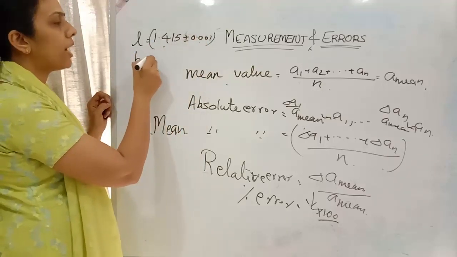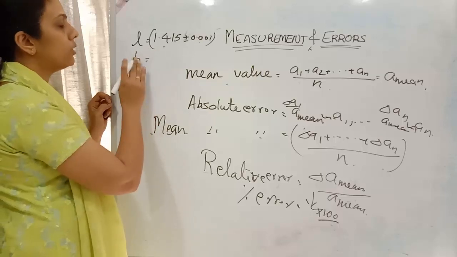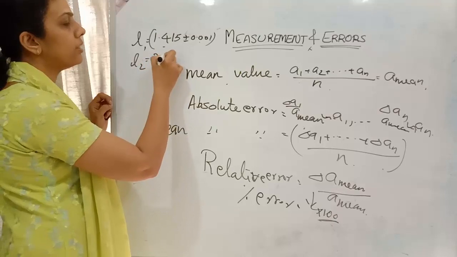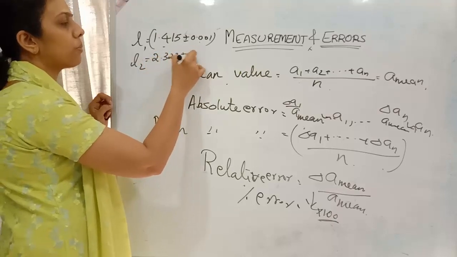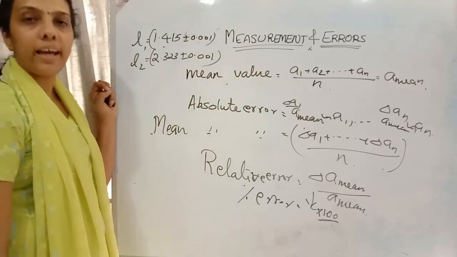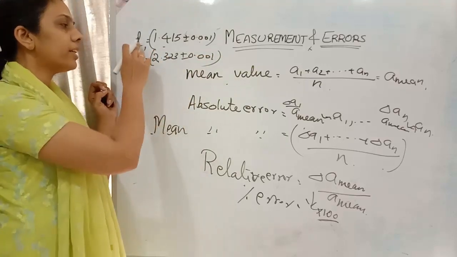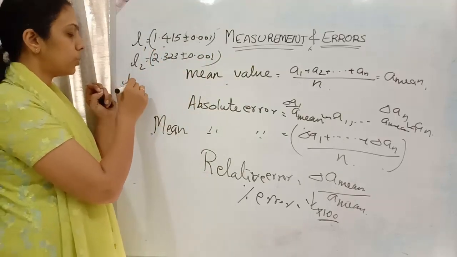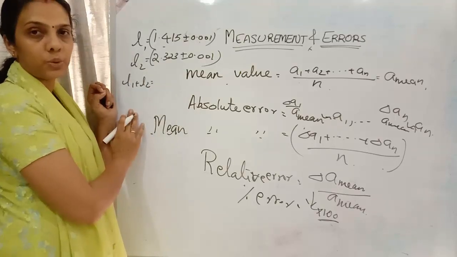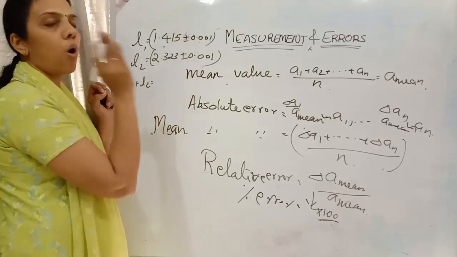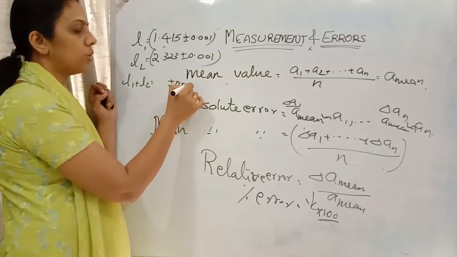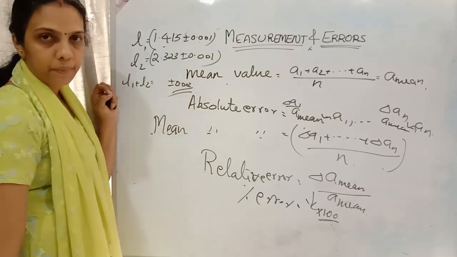Next, L2 I am getting as 2.323 plus or minus 0.001. So these are the errors. If I am finding the sum of L1 and L2 or the difference of L1 and L2, the errors will always be added up: plus or minus 0.002. This will be the error.